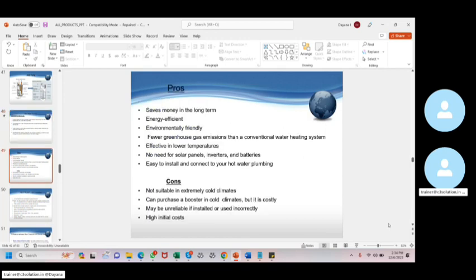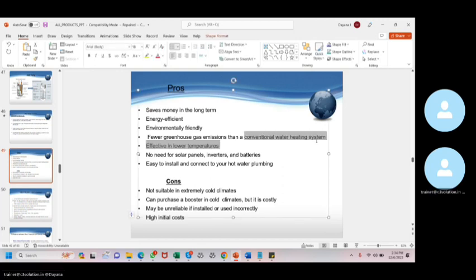Shall I move on? This is the pros and cons. This is self-explanatory. Why are we changing the hot water system to a heat pump? Because we have this many pros. Save money in the long term, and it is energy efficient, environmentally friendly, and has fewer greenhouse gas emissions than a conventional water heating system, a traditional hot water system.